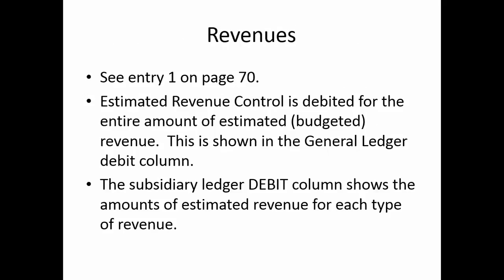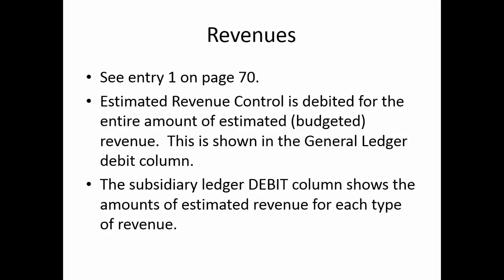Let's look at the journal entry. Entry 1 on page 70, so be sure to turn to that. Estimated revenue control is debited for the entire amount of the estimated, the budgeted revenue. So this is done at the beginning of the accounting period. This is shown in the general ledger debit column. So make sure that you understand the rules of debits and credits for each of these new accounts that have been added in this chapter.